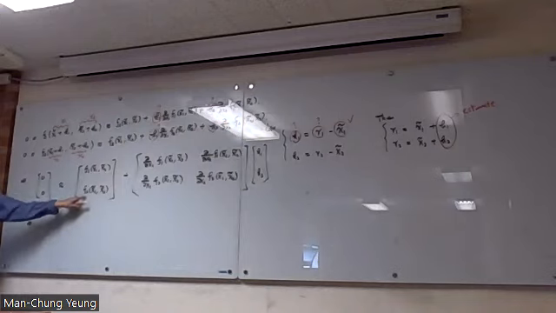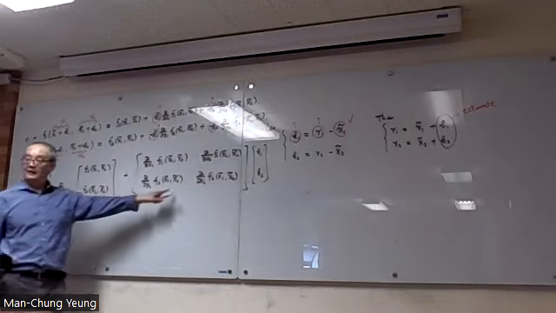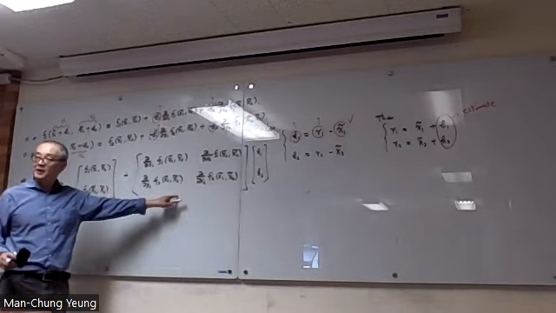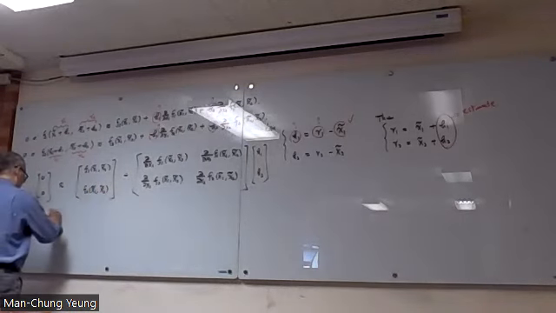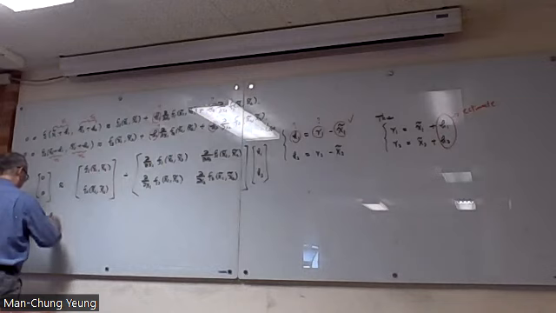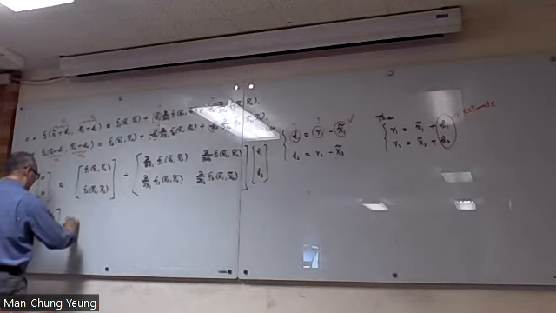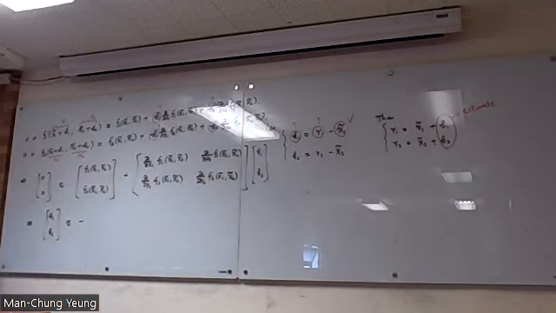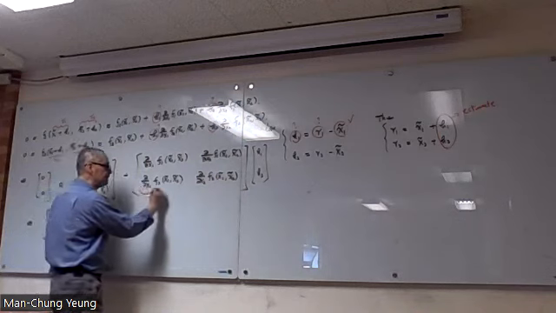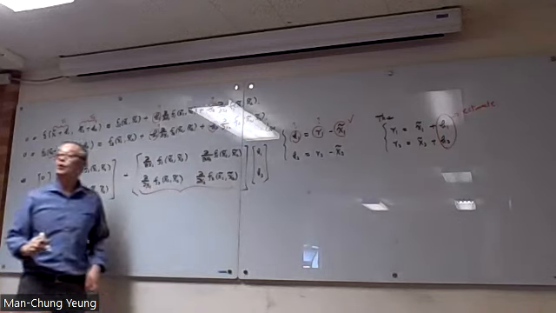Move this vector to the left hand side. Then move this matrix to the left side. Then we get H1, H2, roughly negative. To save my writing, this matrix has a special name.